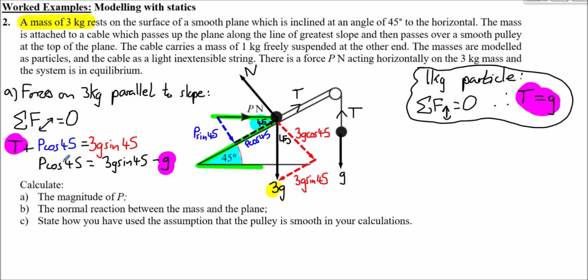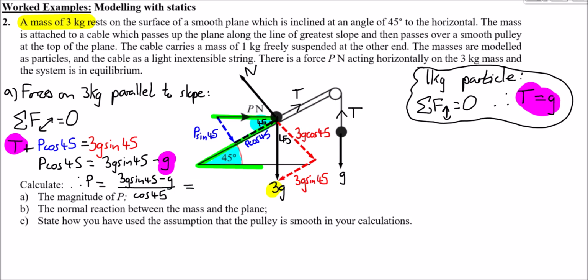If we divide both sides of this equation now by cos 45, we will have worked out the magnitude of P. So therefore, P is going to be 3g sine 45 minus g, all divided by cos 45.